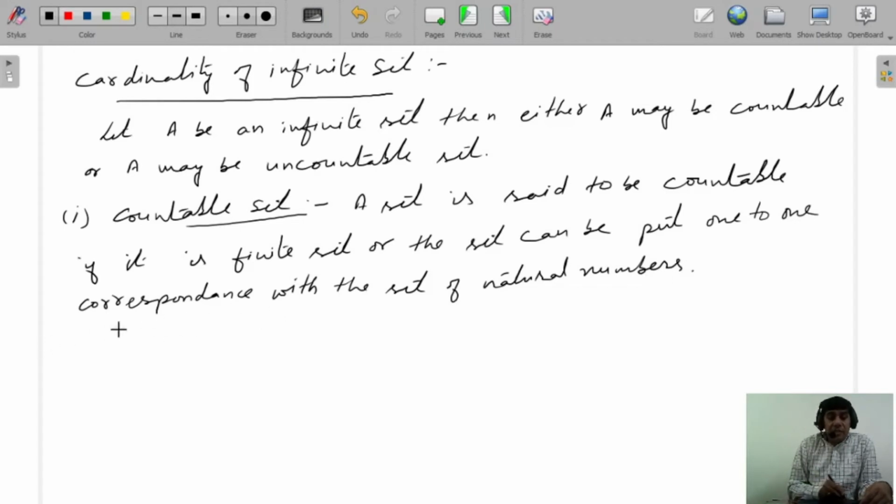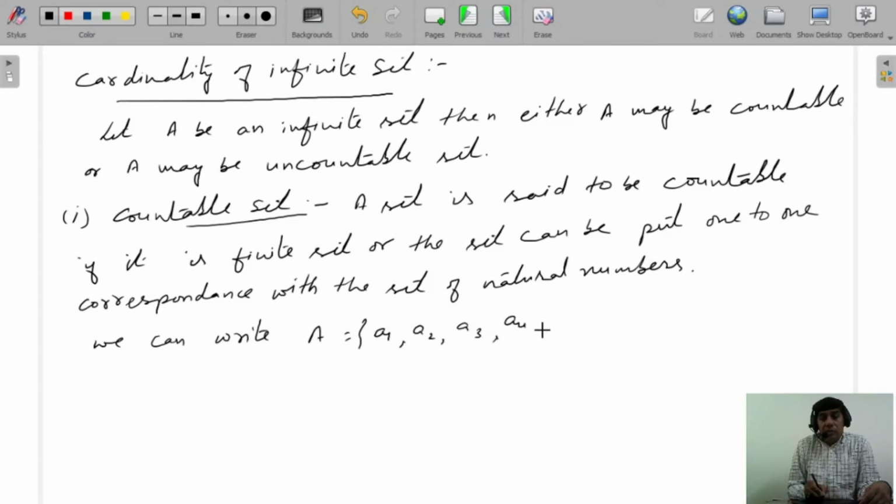We can write A as A1, A2, A3, A4 and so on. The set is infinite, but we can count it as A1, A2, A3, A4 and so on. So it is a one-to-one correspondence between the set A and the natural numbers. Therefore set A is countable.